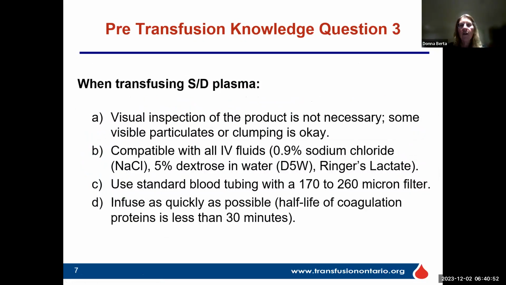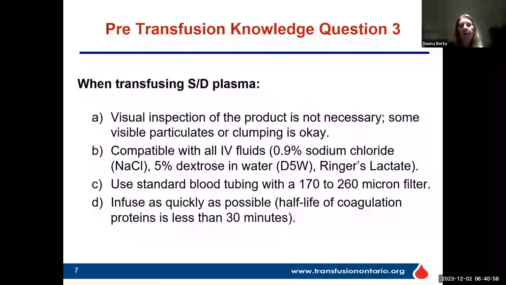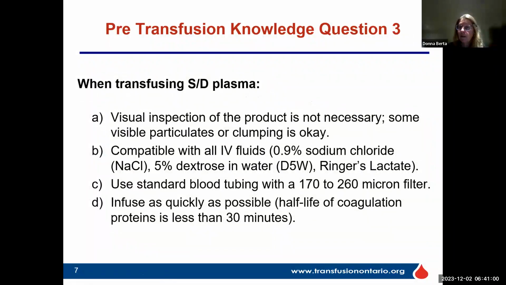And the final question, when transfusing SD plasma, visual inspection of the product is not necessary. Some particulates or clumping is okay. It's compatible with all IV fluids, saline, dextrose, ringers. You should use standard blood tubing with a 170 to 260 micron filter. You should infuse it as quickly as possible.